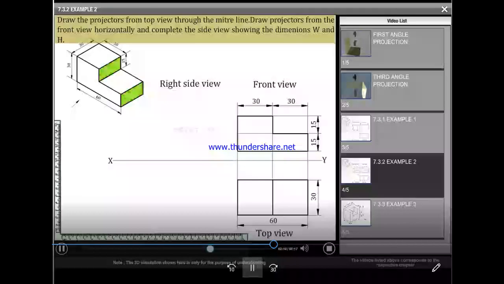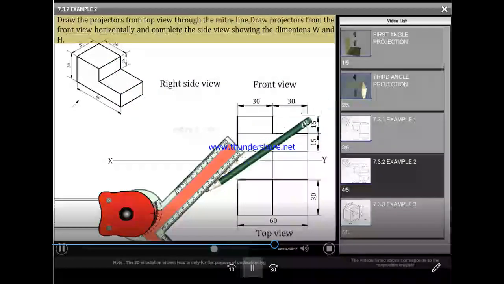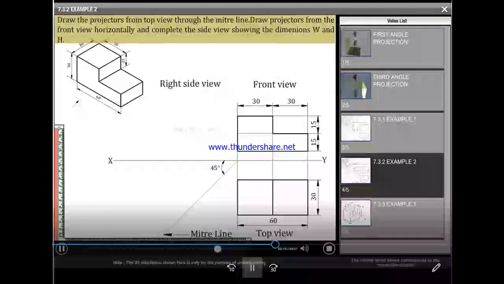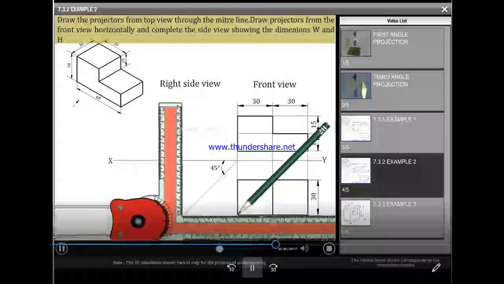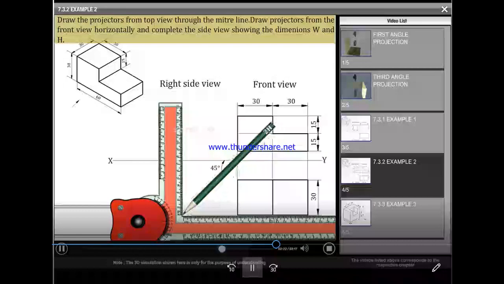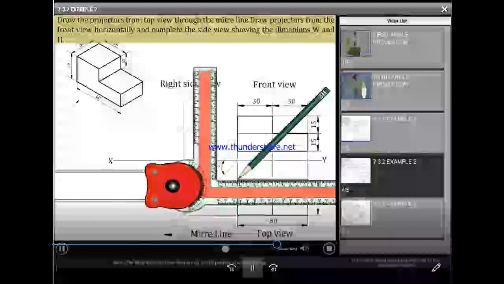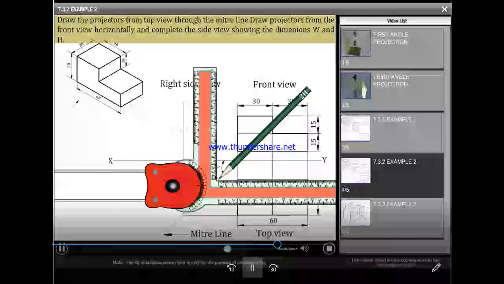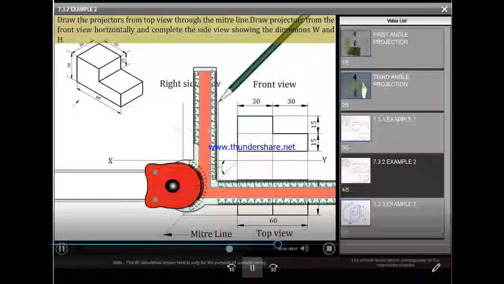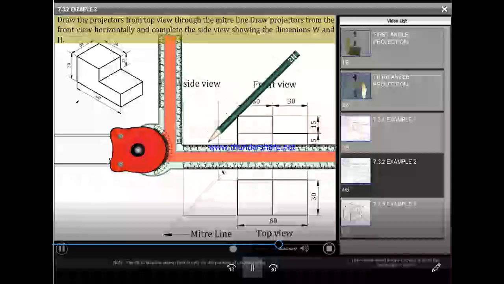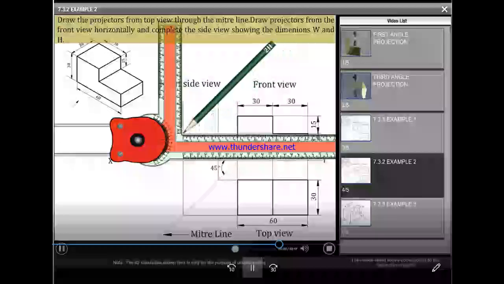The right side view will come to the left of the front view. Now draw the miter line. Draw the projectors from the top view through the miter line. And draw the projectors from the front view horizontally. Complete the right side view.